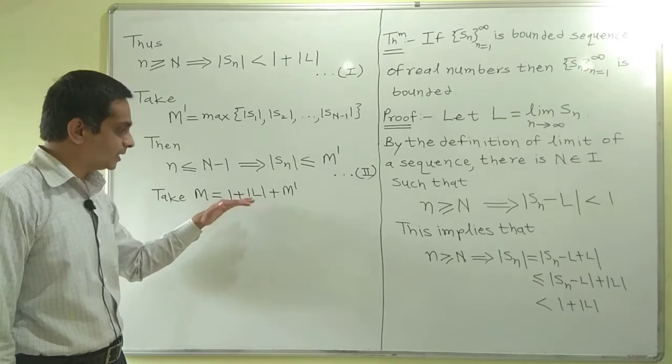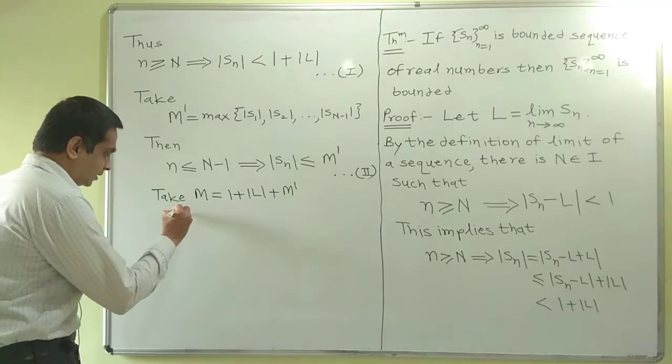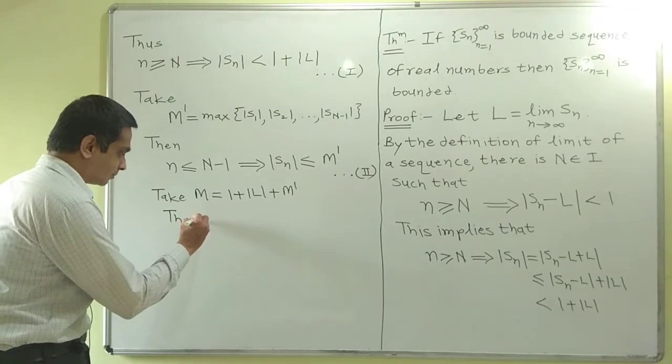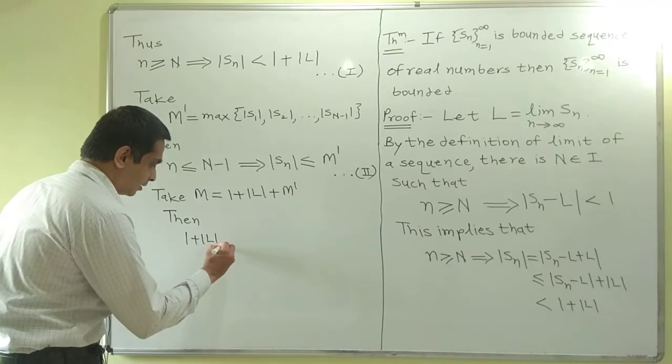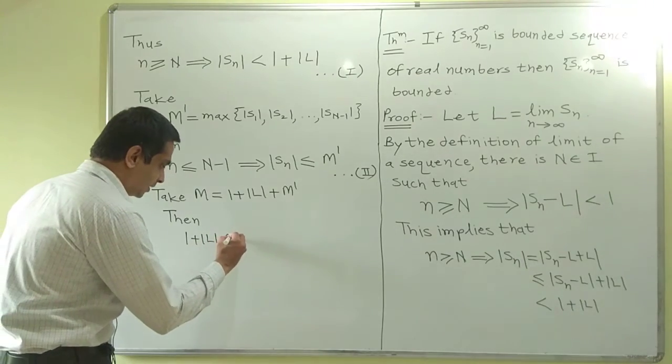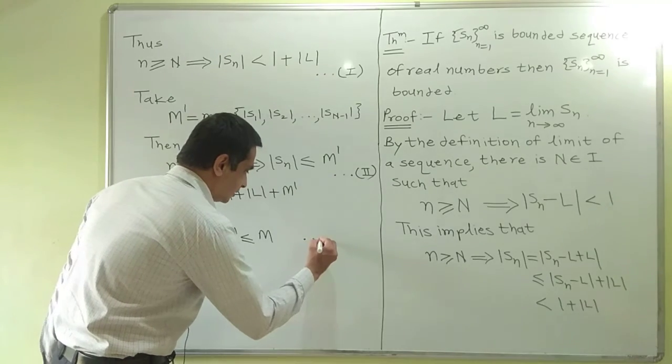So I simply add them and I take M to be this. Then it is clear that 1 plus mod L and M dash are less equal to M. Say this is the third statement.